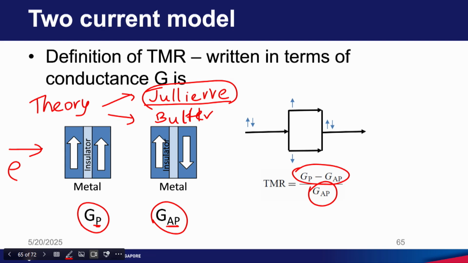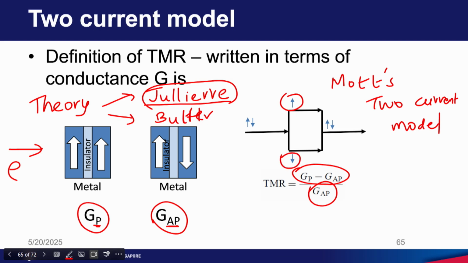Here again we can use the idea that we studied in Mott's two current model. There is a separate path for spin up electrons and a separate path for spin down electrons, so we have two channels. Now let us go into the details.